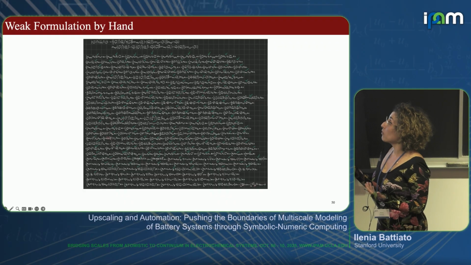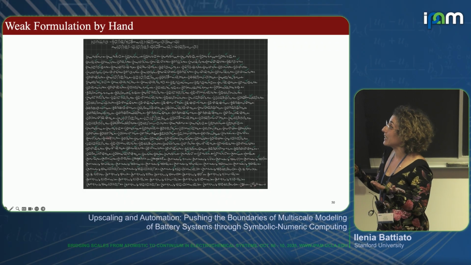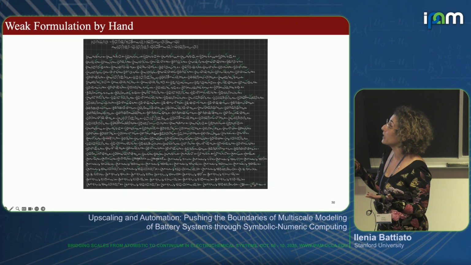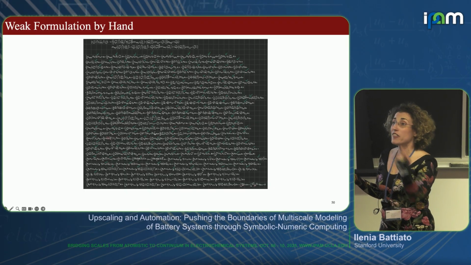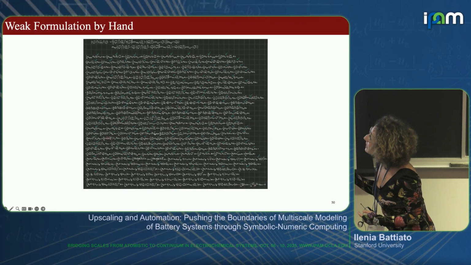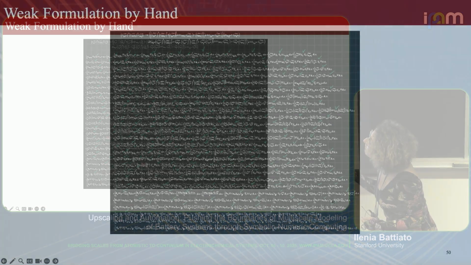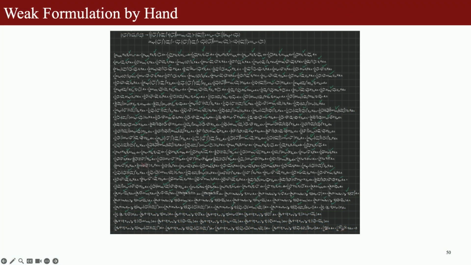One of my students actually had, at the time, to calculate the weak formulation of that equation by hand. And you can see all the green check marks, but if you look closely enough, there is an error. And he couldn't validate the model because of this, the epsilon that didn't validate.